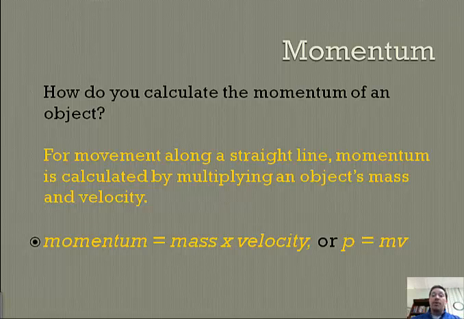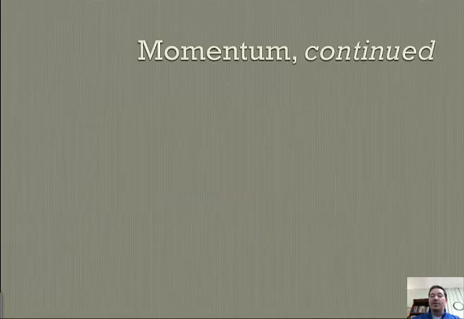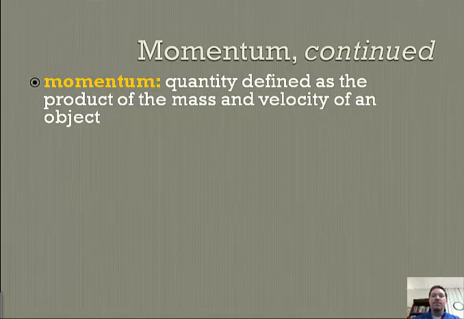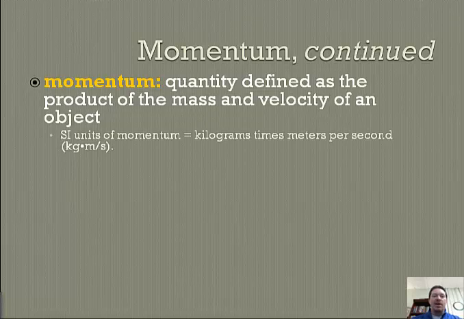The momentum of an object depends both on mass and how fast that object is moving. So we define momentum as the product of the mass and velocity of an object.